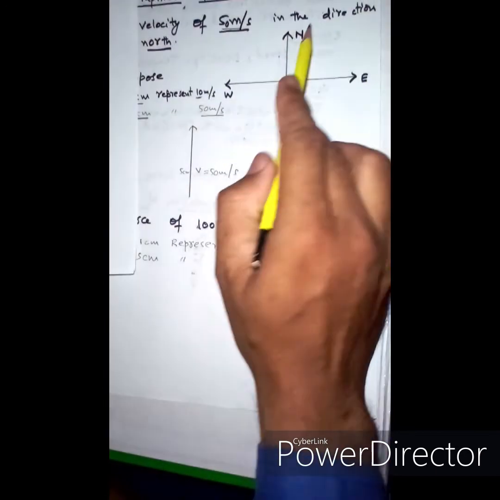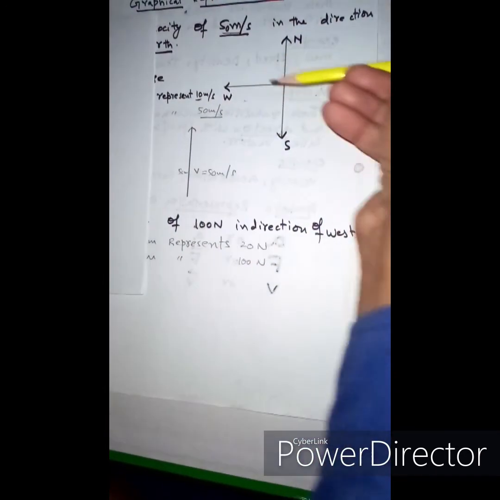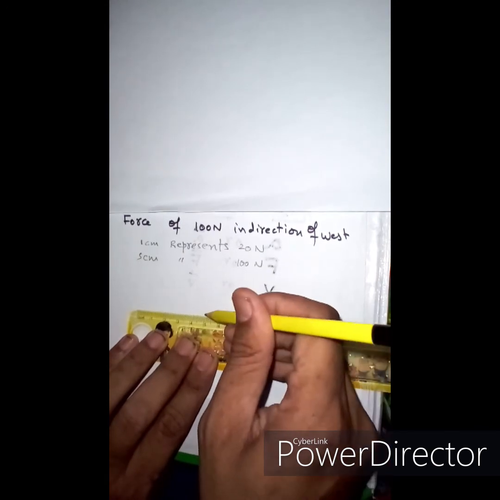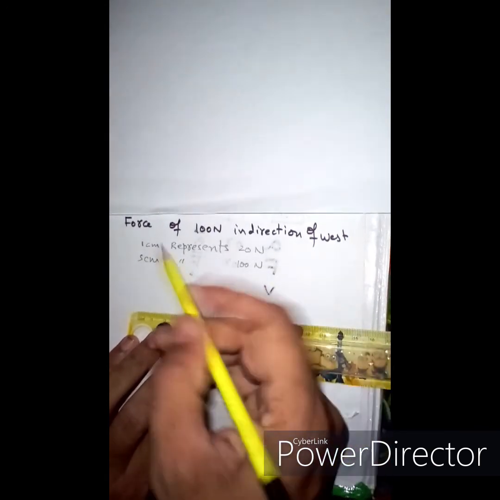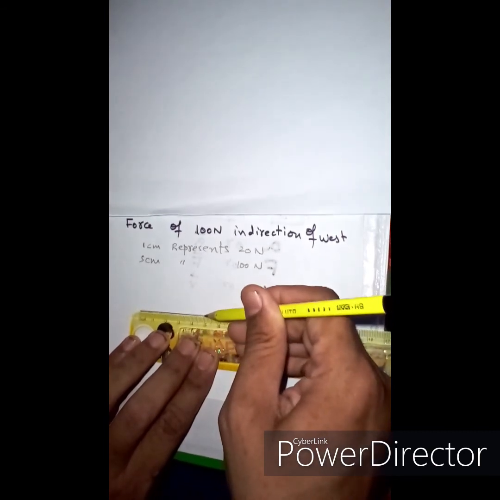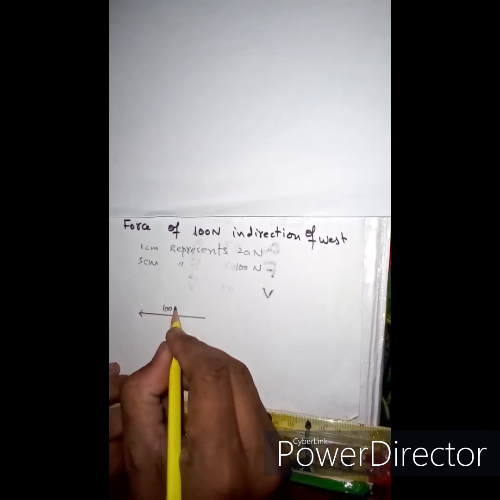And west, we all know, we have north, this one, east, west, south. So we want to represent a vector in this direction. We have a scale and we draw a line of 5 centimeter in this way. This is west. Exactly, a 5 centimeter line. Yes, we have represented exactly a 100 Newton force, which is represented with a 5 centimeter line.